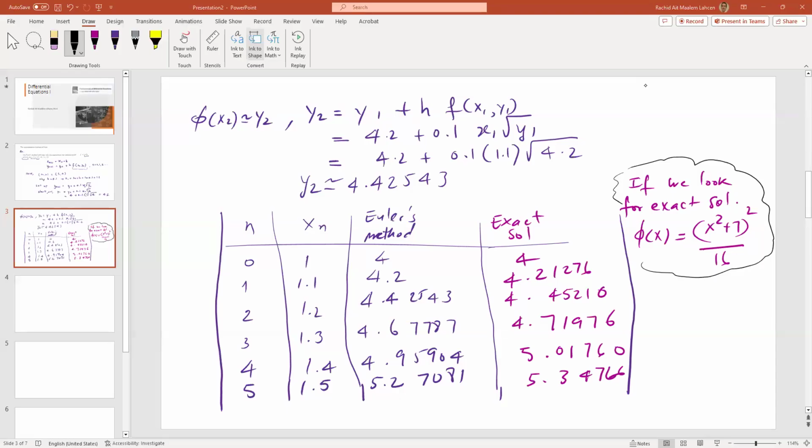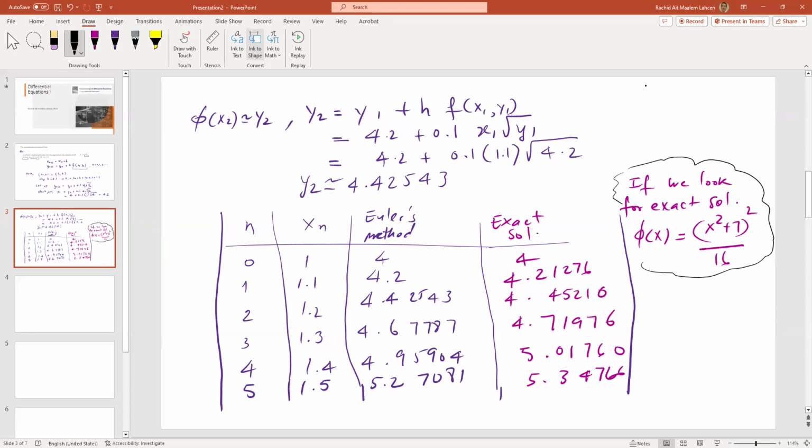Okay, I paused and added these values all the way to 1.5, or n equal 5, and added Euler's method answer and the exact solution answer there. So you can compare, and as you see, there is a residual, which means the difference between the two values, but it still does a good job in the calculations.